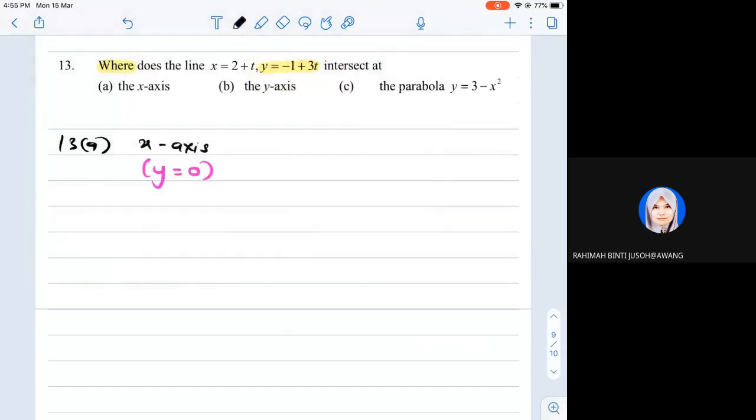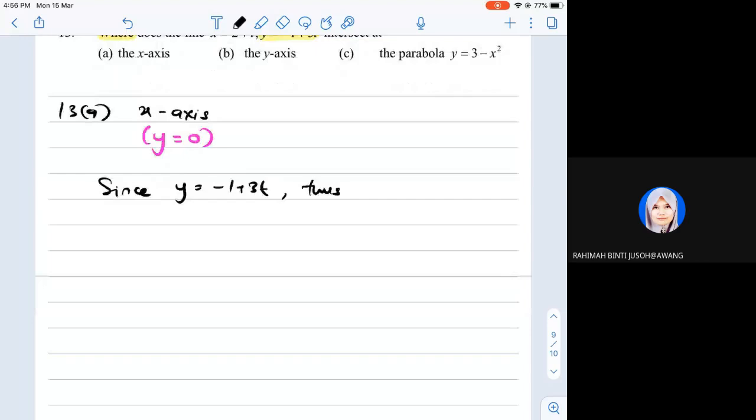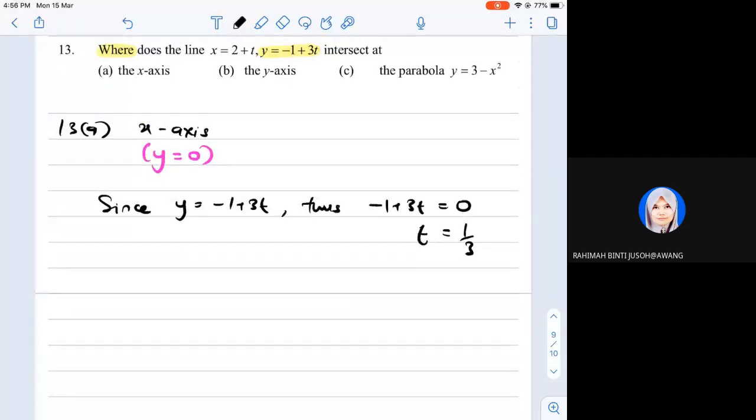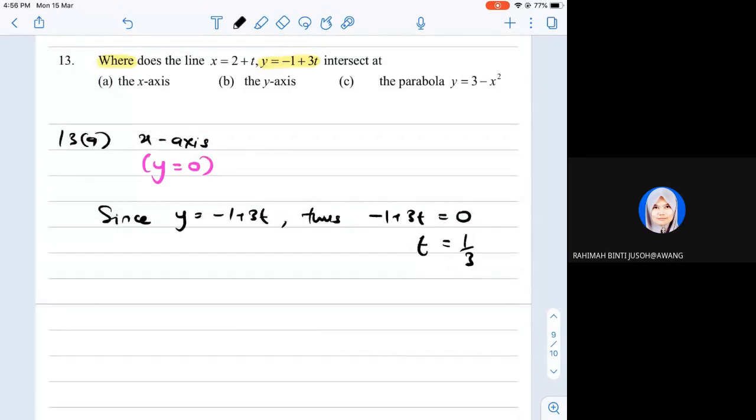Since y equals negative 1 plus 3t, and y equals 0, thus negative 1 plus 3t equals 0, therefore t equals 1 over 3, isn't it? We get 1/3. Now substitute t equals 1 over 3 in x.